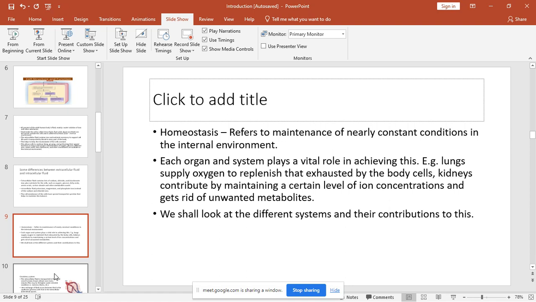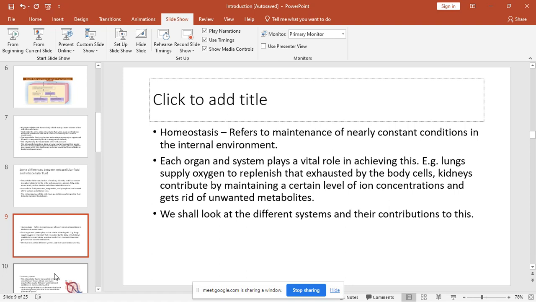If somebody has end-stage kidney failure, there's going to be a lot of uremia and other metabolites in one's blood, which may hinder the normal functioning of certain metabolic processes. And eventually, somebody may lose their life as a result.